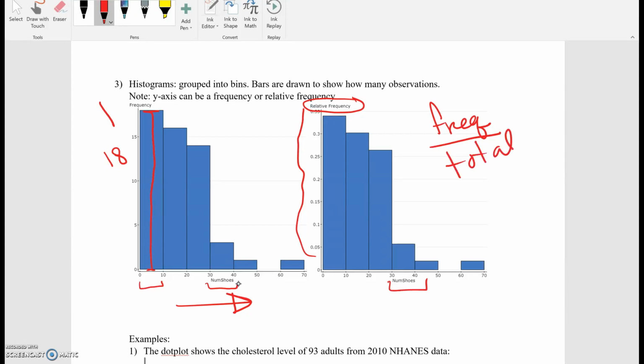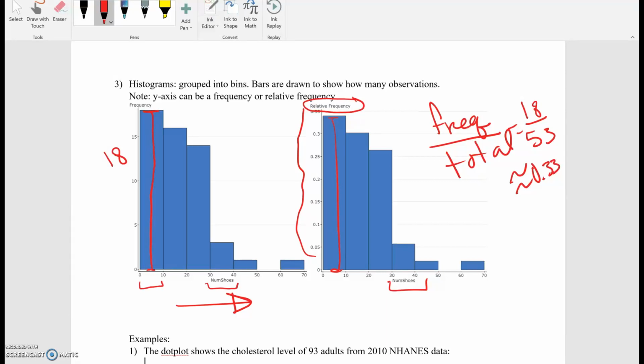The total in this case, I believe, was 53. So if you put 18 divided by 53, you should get about 33%, and that's why this is 0.33.